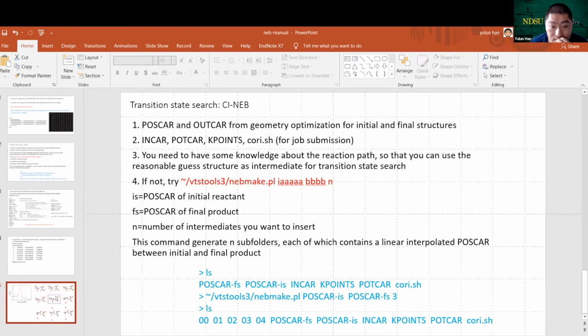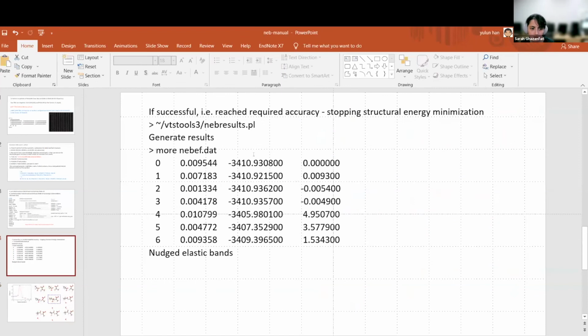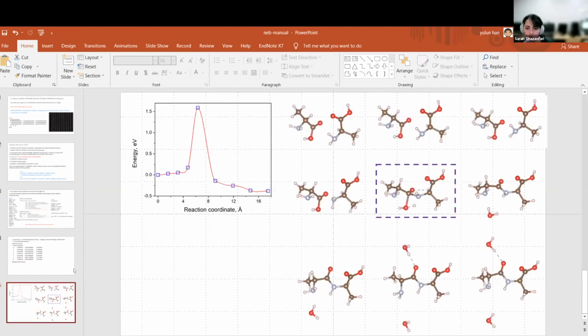Like here for the peptide, we use 7. So how do you arrive at 7 for this system? Maybe this is not correct, but this is what I usually do. Basically I start from a very small number, like 2 or 3 intermediates. Then I just increase systematically until, from your calculations, you can see some trend whether your calculation is convergent or not.